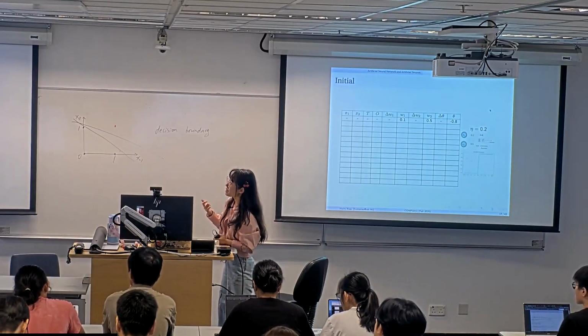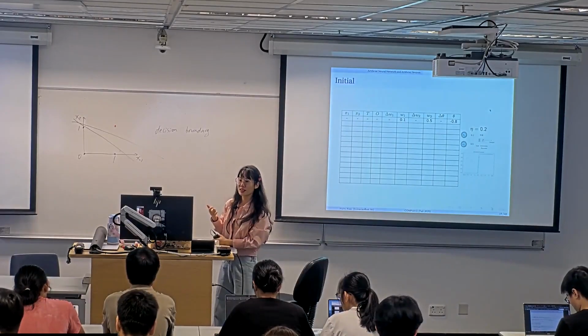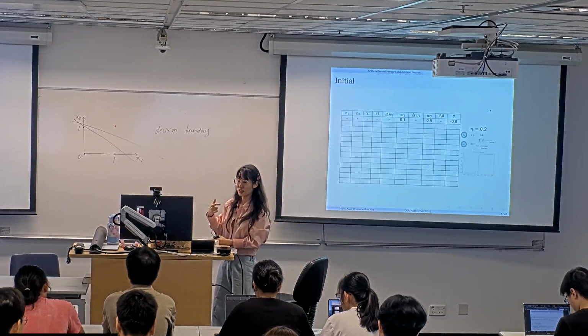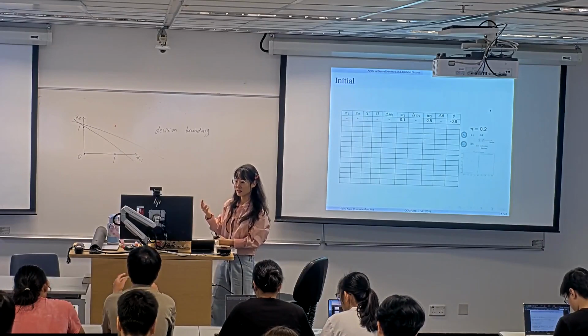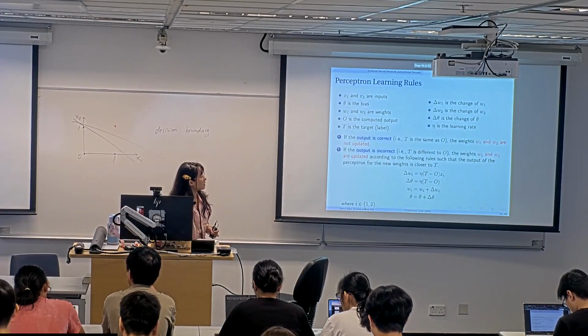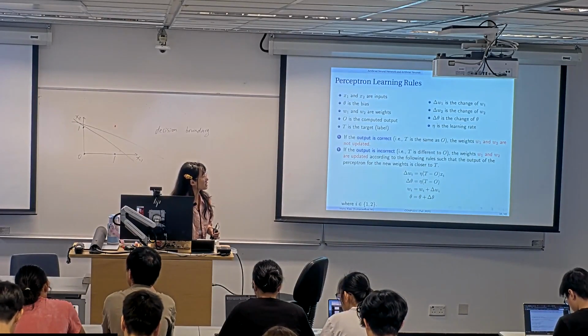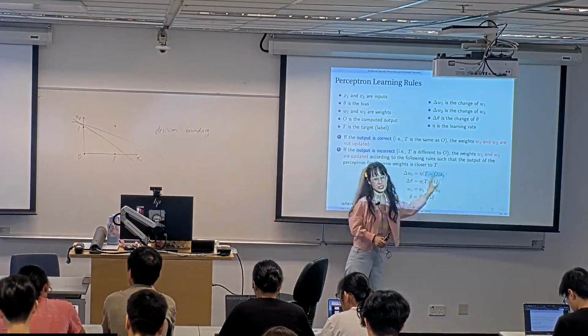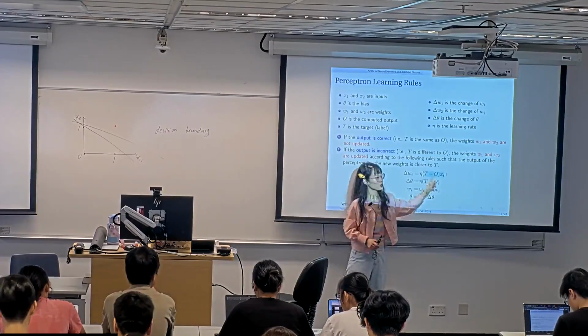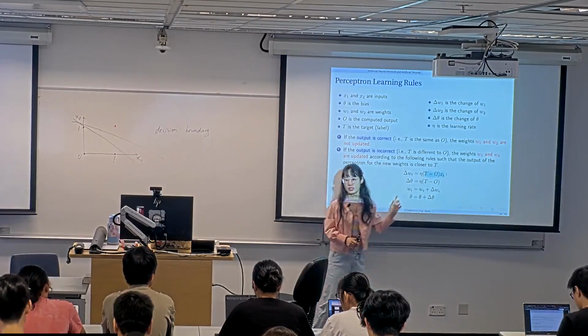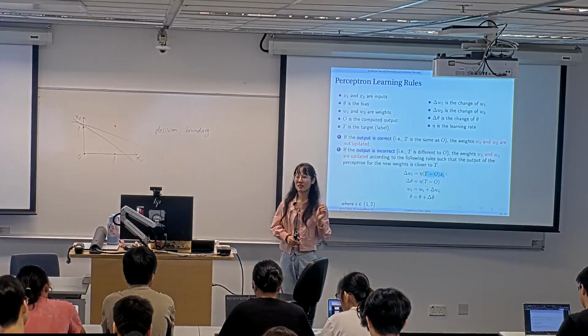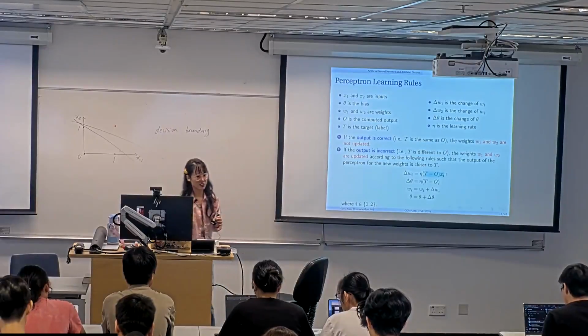If we want to update W1, we need to get a gradient to update it. Yes, actually, the gradient is this one: the error times x1 is the gradient for W1. That's why we update it using this. Yes, very good question.